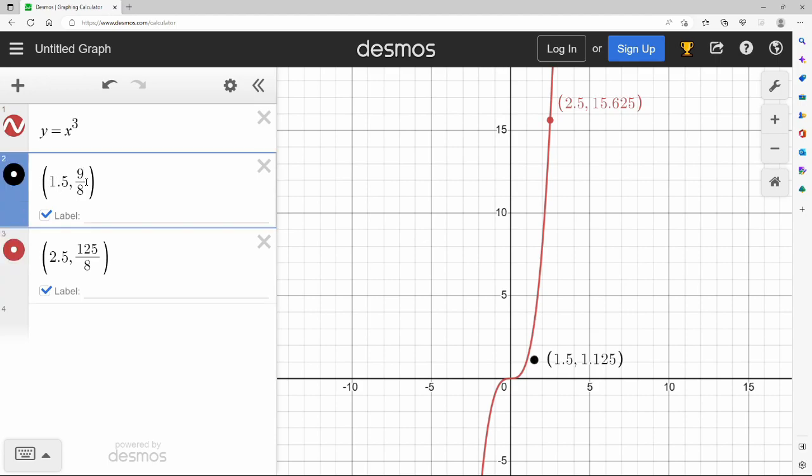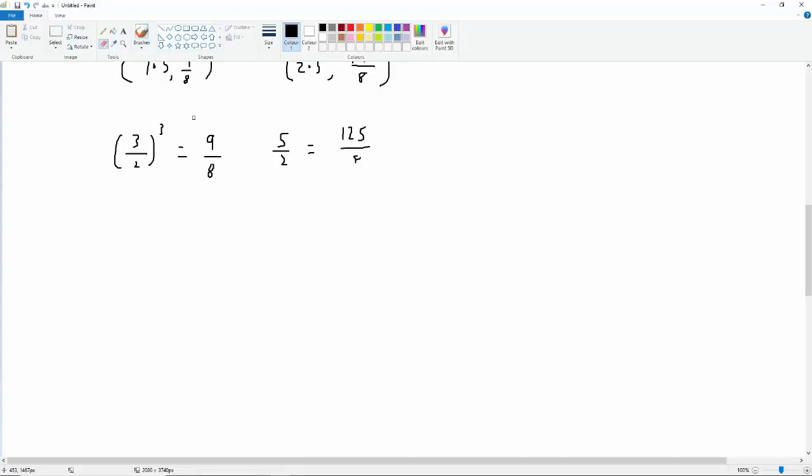That should be 27 over 8. There we go, that's on the line. Okay, so now we want to join these 2 points. So that's not 9 over 8, that's 27 over 8. Why did I square the 3 instead of cubing it?